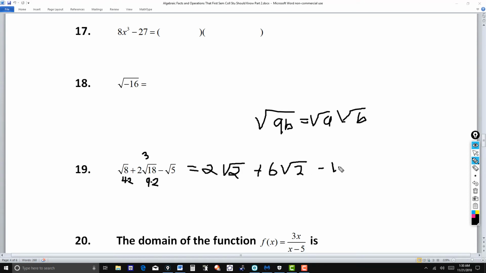And so this is just like combining x's. I have 2x and 6x, that's 8x. So in this case, see, I have the radical here the same. So that's just like an x and an x, so it's 2 and 6 is 8 times radical 2.